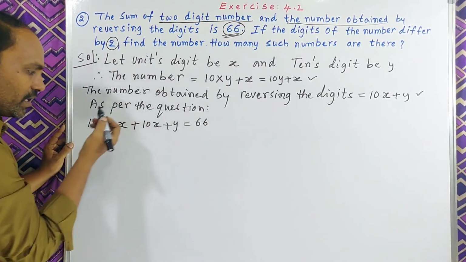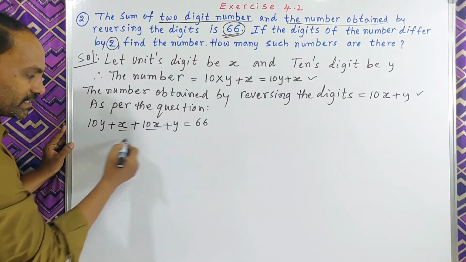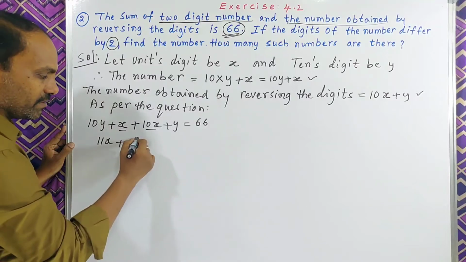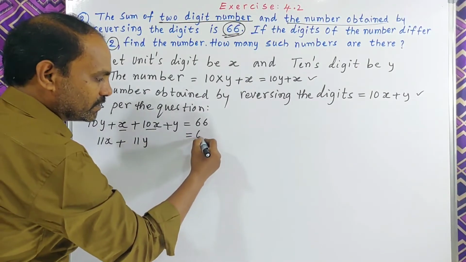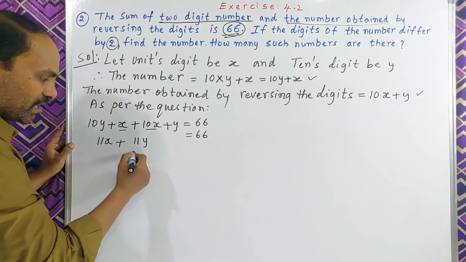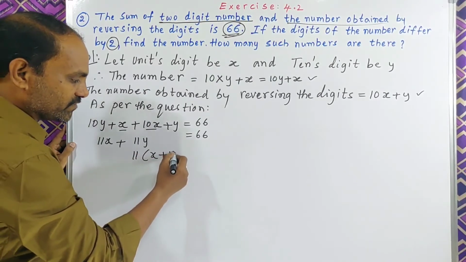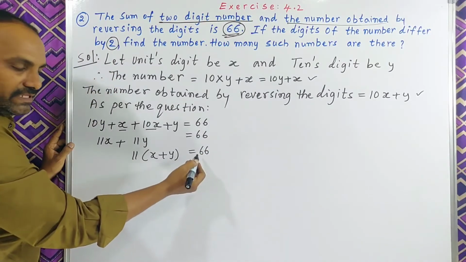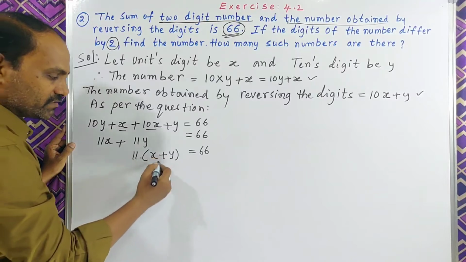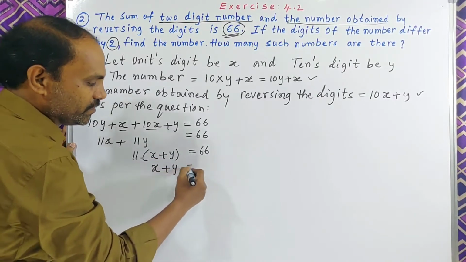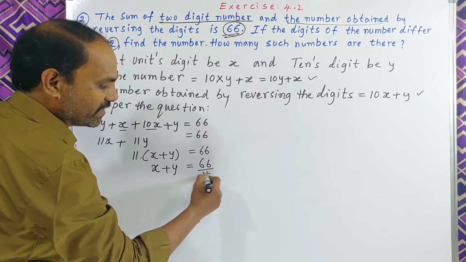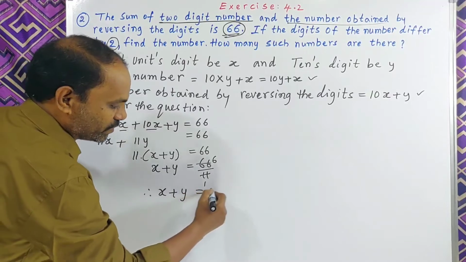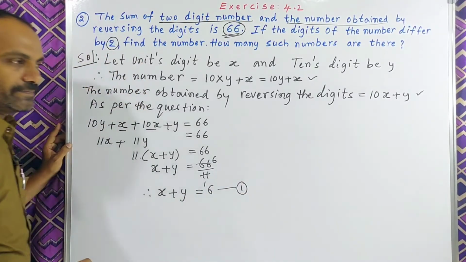Now x plus 10x is 11x, and 10y plus y is 11y, so 11x plus 11y is equal to 66. Take out 11 as common: 11 times (x plus y) is equal to 66. Send this 11 to the other side, so x plus y is equal to 66 by 11. 11 sixes are 66, therefore x plus y is equal to 6. This is equation 1.